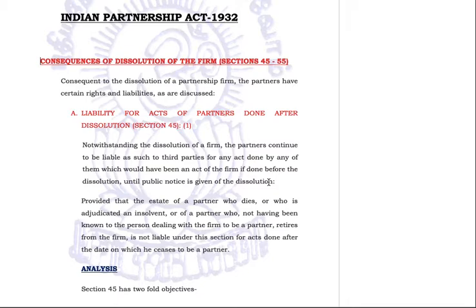Just like we discussed that when a partner retires, he has to give the notice of the dissolution.